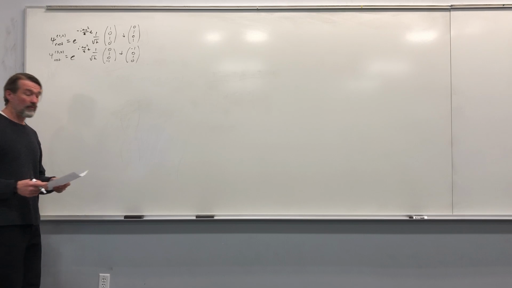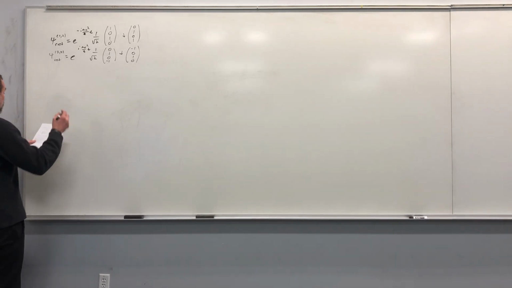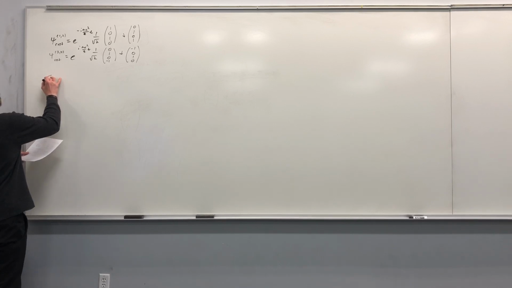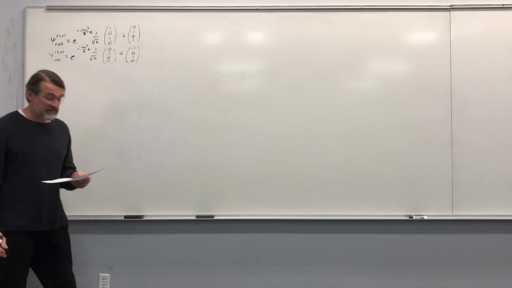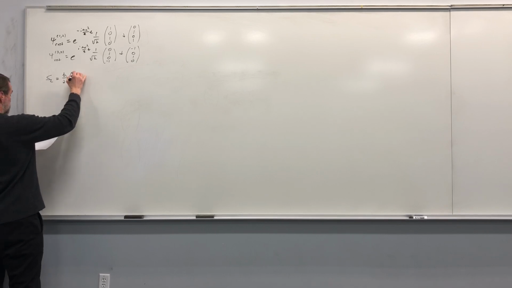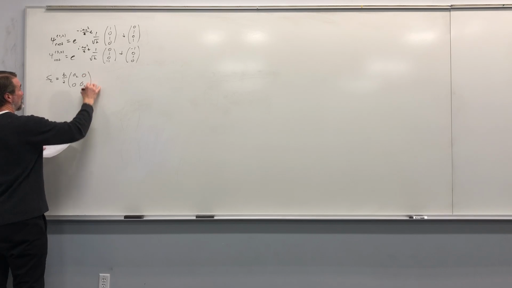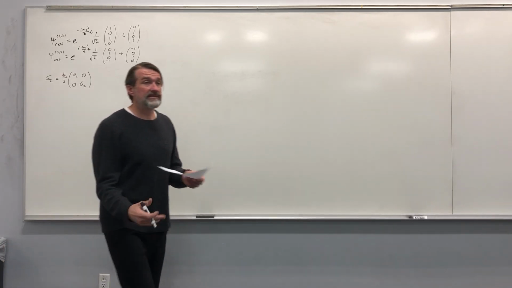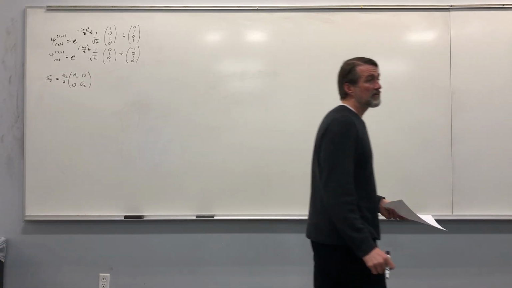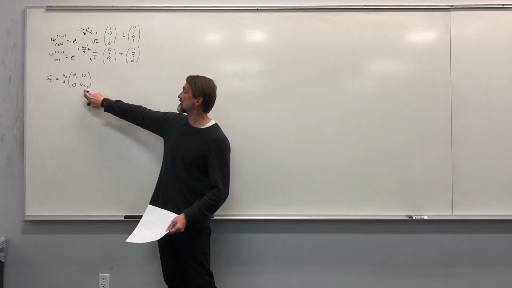One of the things I want to point out is what happens if we apply Sz, the z component of spin. For spinors, the z component of spin is h bar over 2 times the matrix with sigma z, 0, 0, sigma z, where the sigma z's are just the Pauli matrices, the 2x2 complex matrices I gave you some lectures ago.